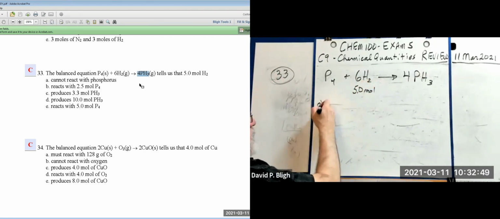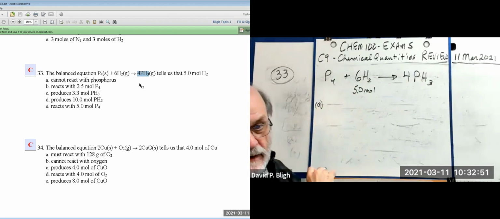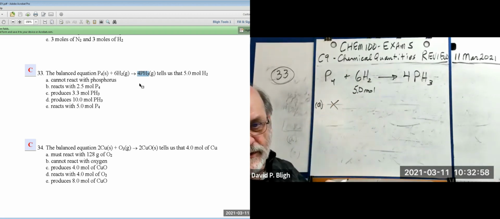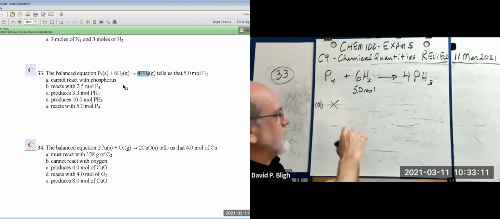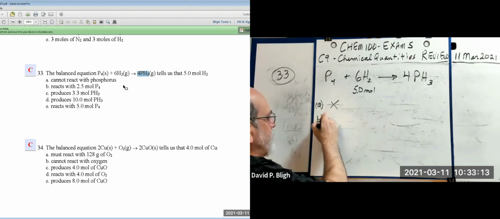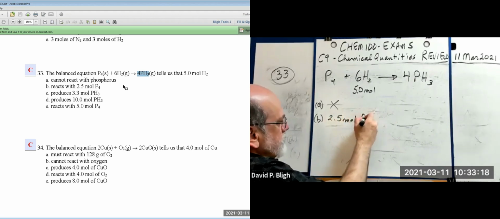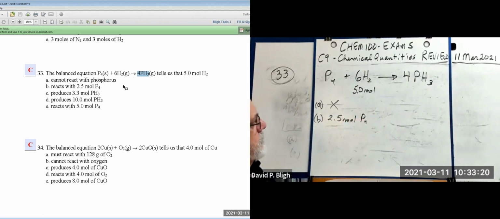So what do we have to select from? A, cannot react with phosphorus. I'm not even going to write that one up there. That's just ludicrous. If you've got a balanced equation and you've got 5 moles of hydrogen gas, they're going to react with the phosphorus. B, reacts with 2.5 moles of P4. Is that true?